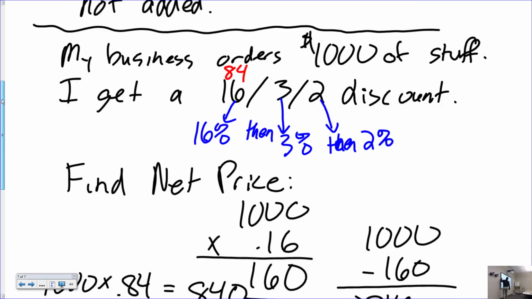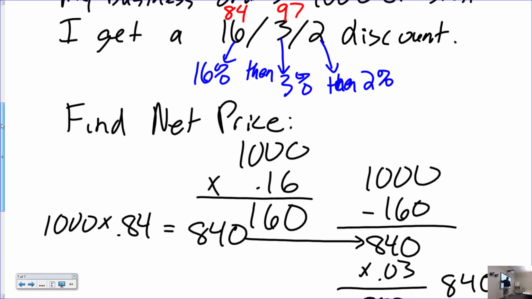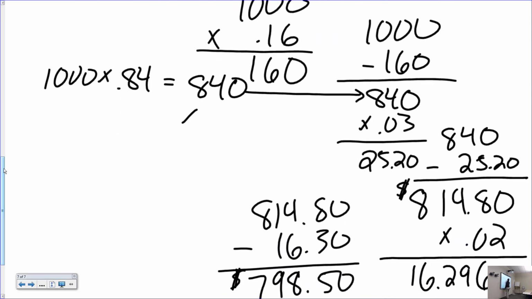If you get a 3% discount, what percent of the price are you paying? 97%. Note, all I'm doing is getting complements, folks, right? The numbers are adding up to 100, all right? Guess what 840 times 0.97 is. 814.8.